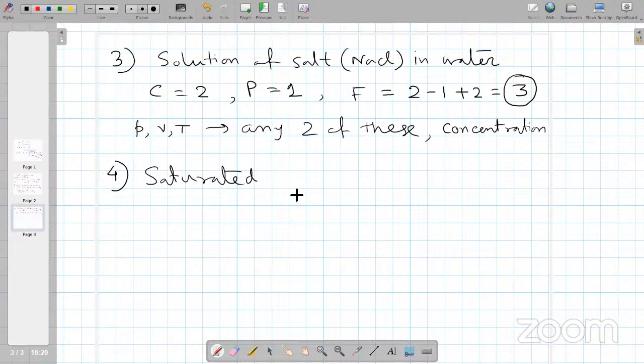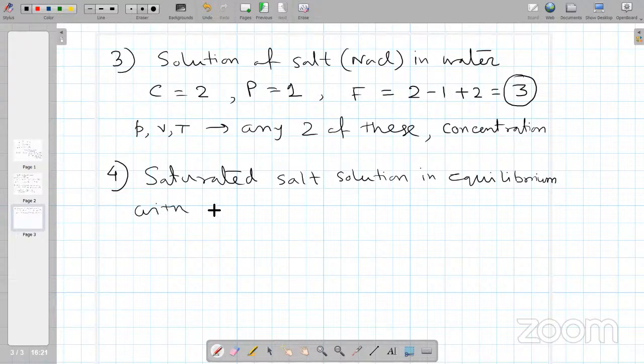Okay. Now, 4. Now we have another situation. I'm making it a little more complicated. A saturated salt solution in equilibrium with solid salt.